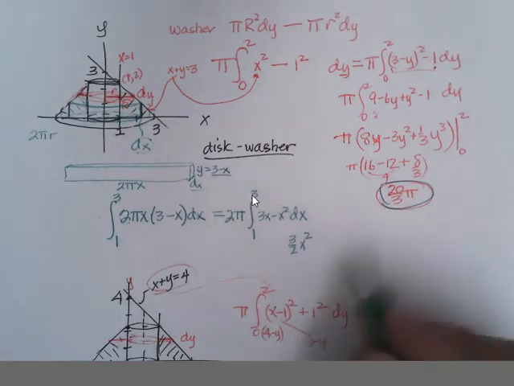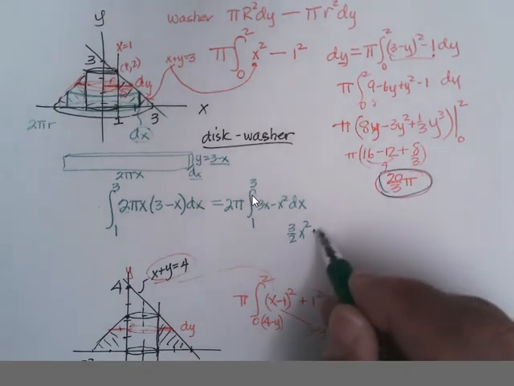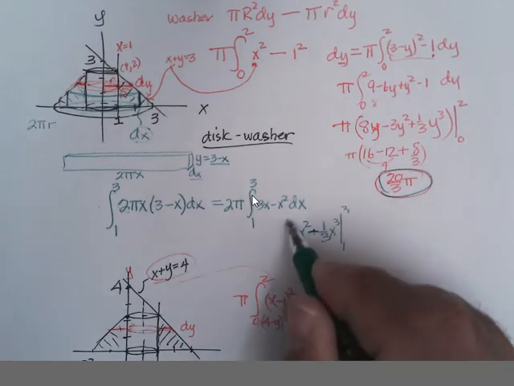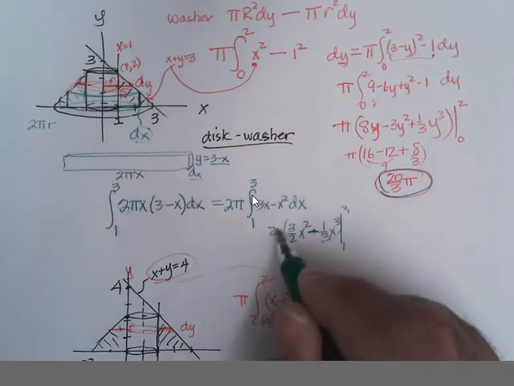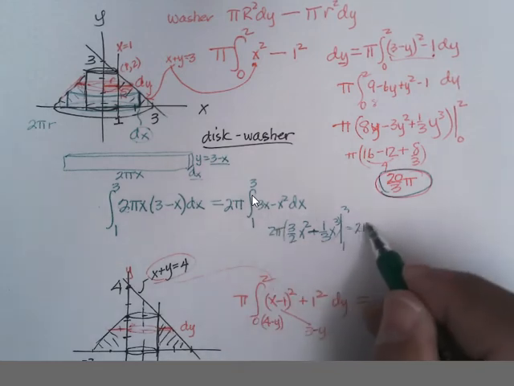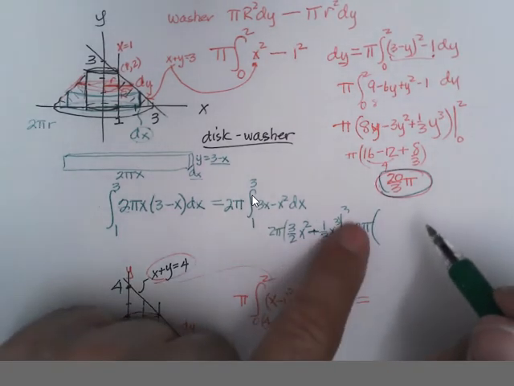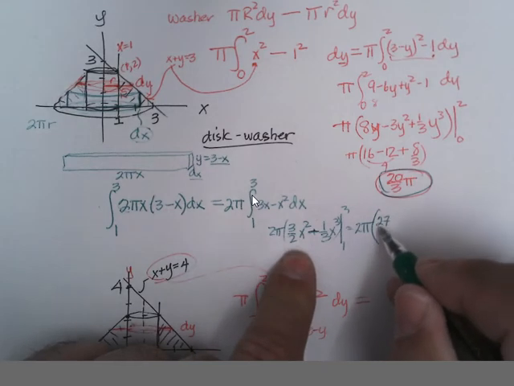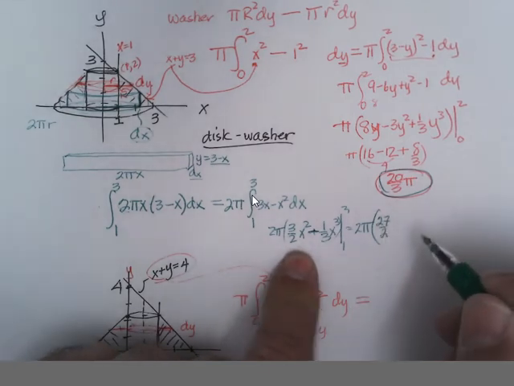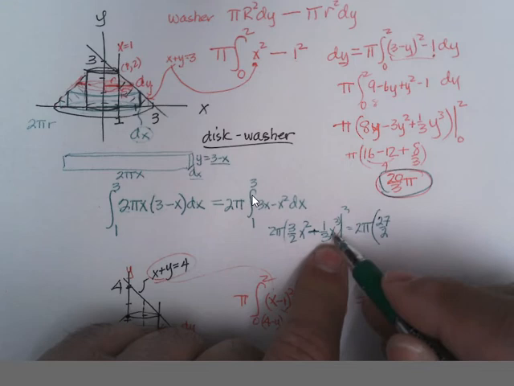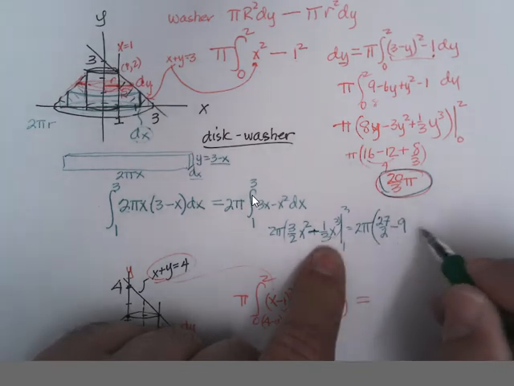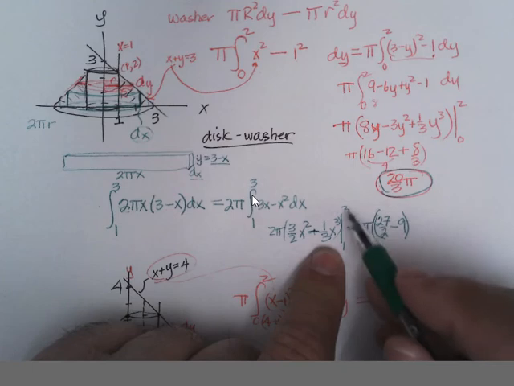The antiderivative of x squared is, and this is minus, 1/3 x cubed, evaluated from 1 to 3, and times 2 pi. So it's going to be 2 pi times, if I put 3 in here, I get 27 halves. If I put 3 into here, I get 27/3, or 9, so I got minus 9. That's putting in the 3.